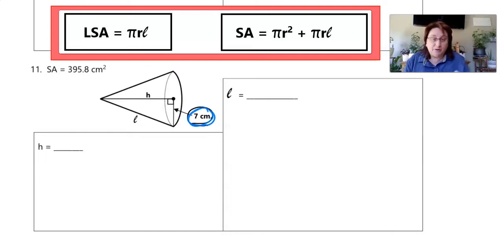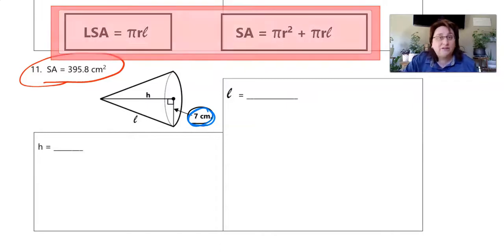As a matter of fact, I'll circle it in blue. We know pi is programmed in our calculator. The only thing we don't know is the lateral height, or the slant height. But wait, we know the surface area. So if it gives you the surface area, start with that equation.